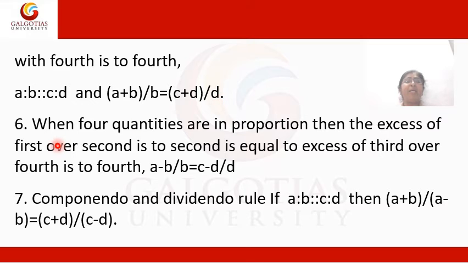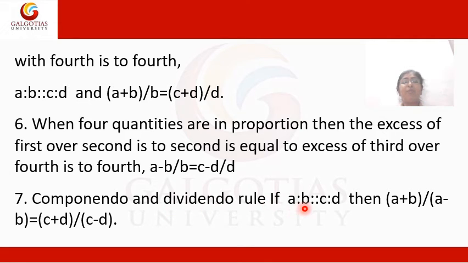The next property is, when four quantities are in proportion, then the excess of the first over the second is to the second as the excess of the third over the fourth is to the fourth. That is, A minus B by B is equal to C minus D by D. Next is the componendo and dividendo rule.